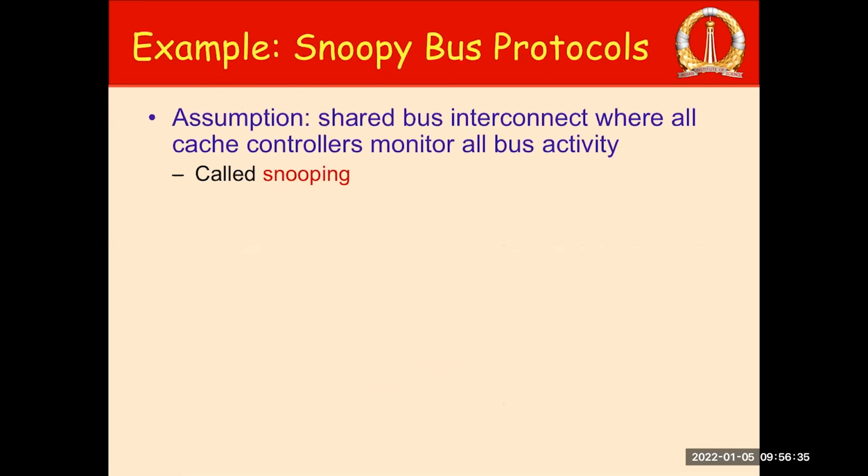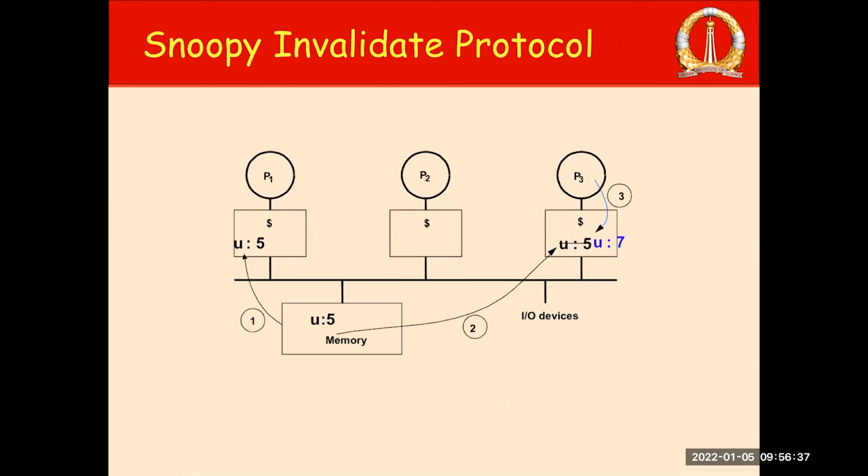So again, let's take the same example. When processor P3 wants to write the value of U to 7, before it can actually modify its private copy, it has to send an invalidation message on the bus. Every processor snooping on the bus sees that, and in case it has the same cache block which P3 is trying to write, this invalidation message tells them that they have to invalidate that particular cache block.